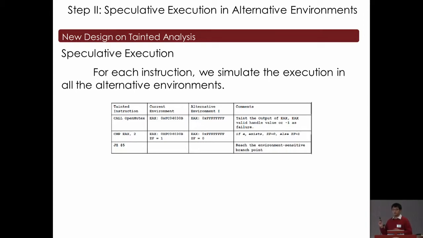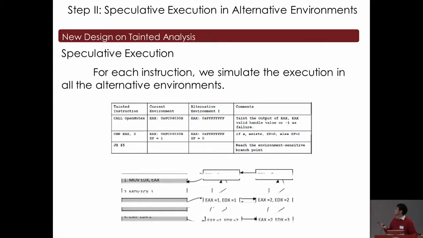This kind of speculative execution stops at a branch point, which means when we reach a branch point, we need to decide which environment we want and which we don't.